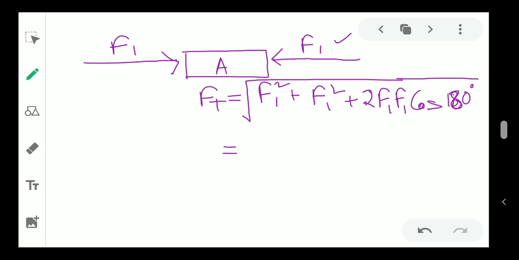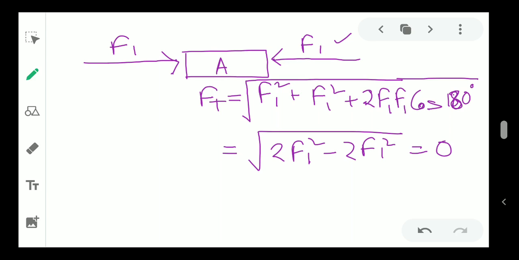So you get 2F1 square minus 2F1 square, which is 0. So my total force is 0 in this case.